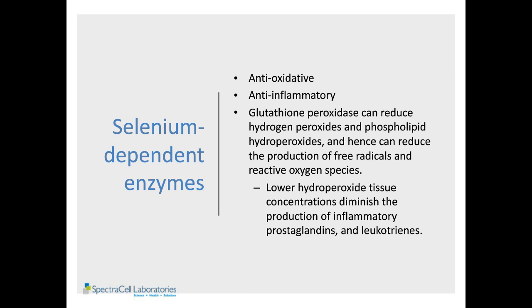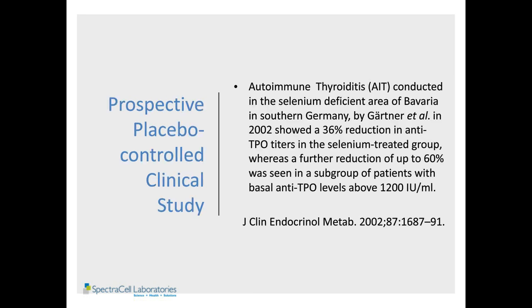And once again, keep in mind that selenium deficiencies can occur. You can see here a study that was published in 2002 in the Journal of Clinical Endocrinology and Metabolism, where they showed, in individuals in Germany, that when selenium was administered, it showed a significant reduction in the antibodies, the TPO antibodies.